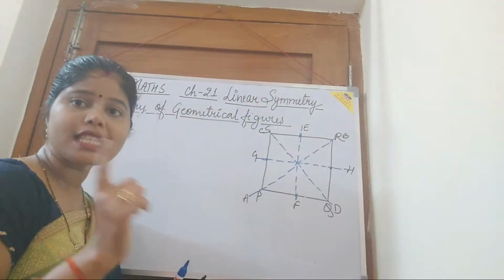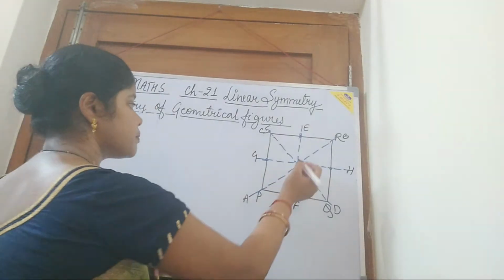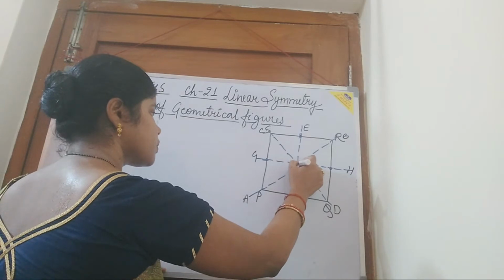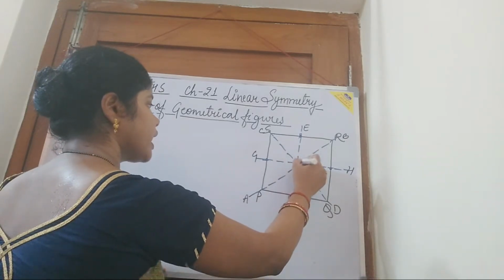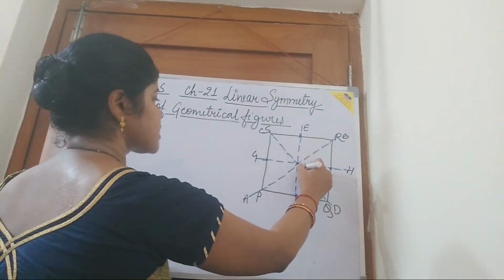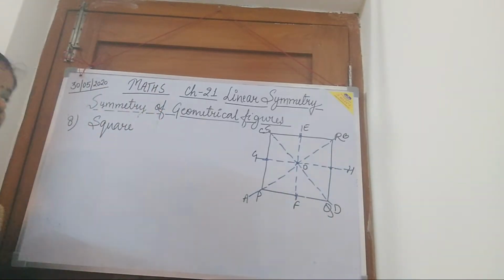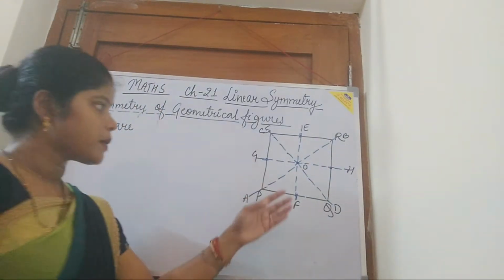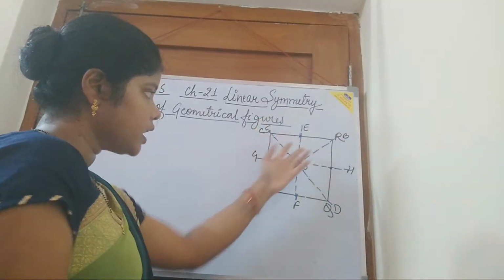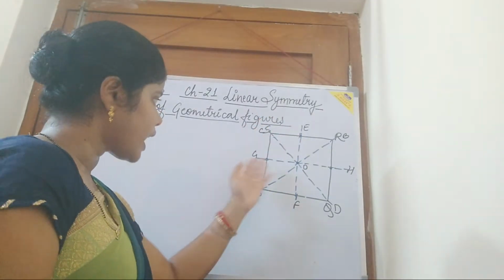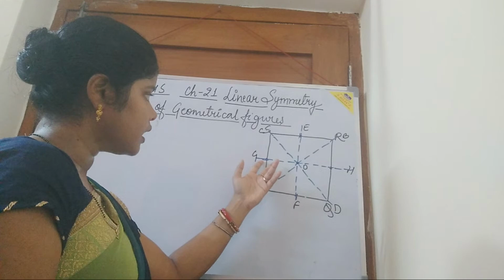All these lines of symmetry pass through one common point, name it O. Two lines of symmetry, one vertical and one horizontal, are from the midpoints of the opposite sides of a square, and the other two pass through the diagonals of the square.